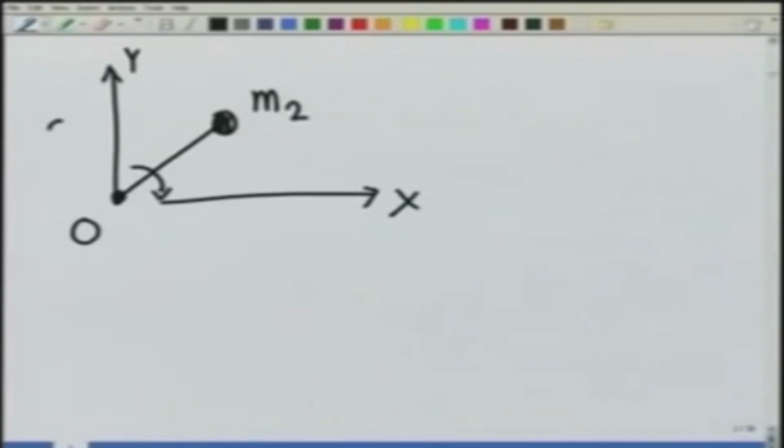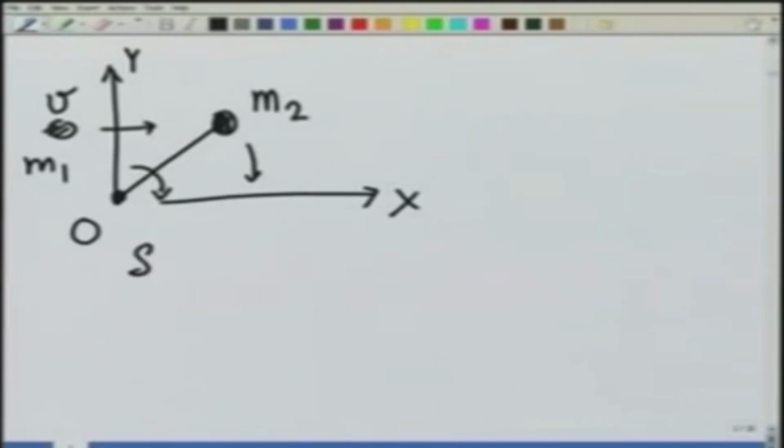There is a mass m1 that is traveling in this direction with speed v and it strikes mass m2. What I would like to know is, if mass m1 got stuck with m2, what will be the angular speed of rotation of the system? After all, when mass m1 hits m2, this rod being rigid, it cannot go up and down. The only freedom it has is to move like this.